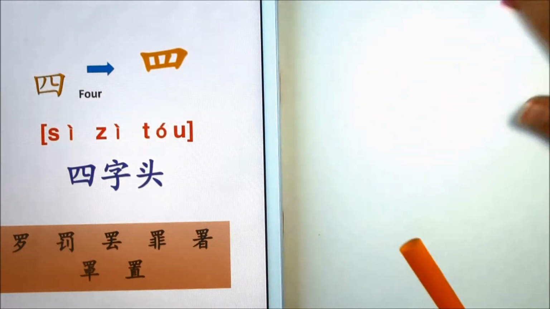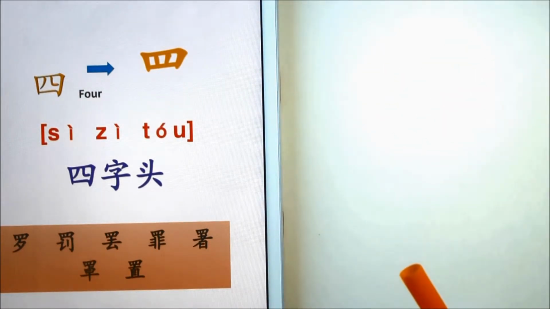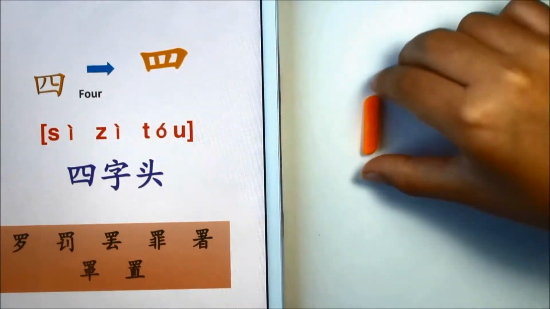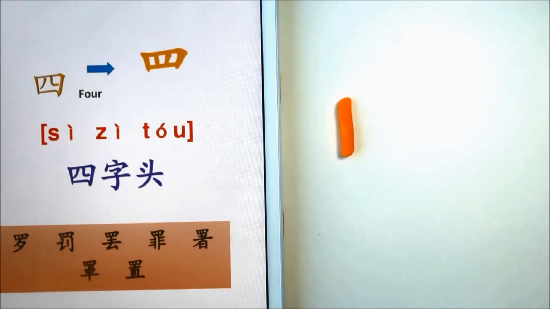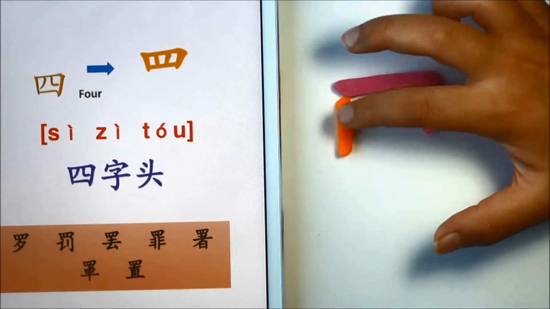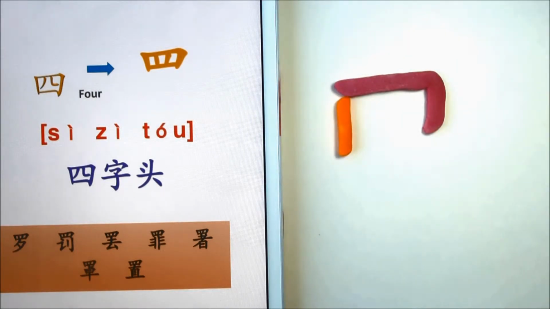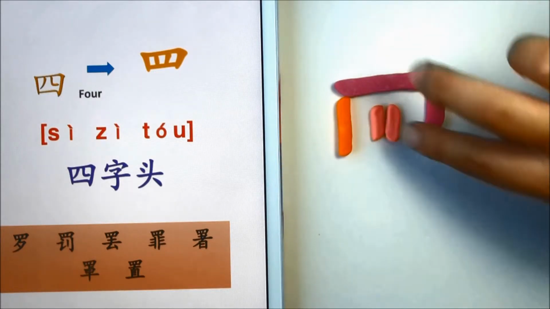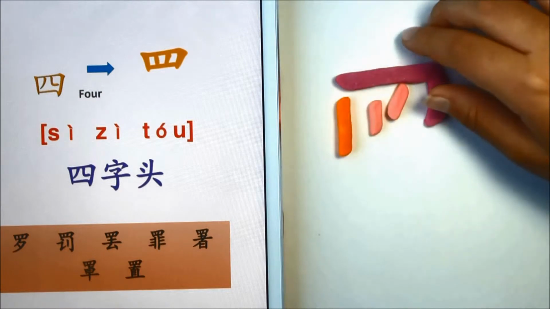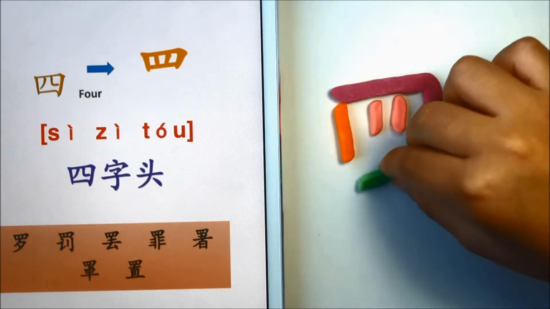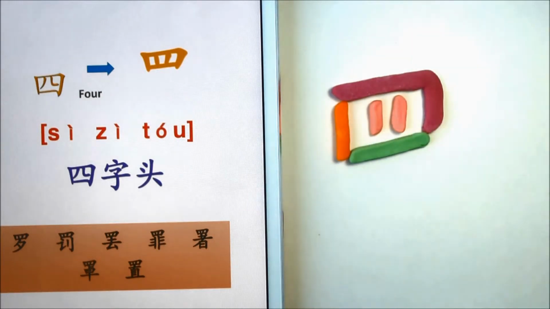For the next radical, we use a vertical stroke, a horizontal stroke with a turn, 2 vertical strokes, and then a horizontal stroke.